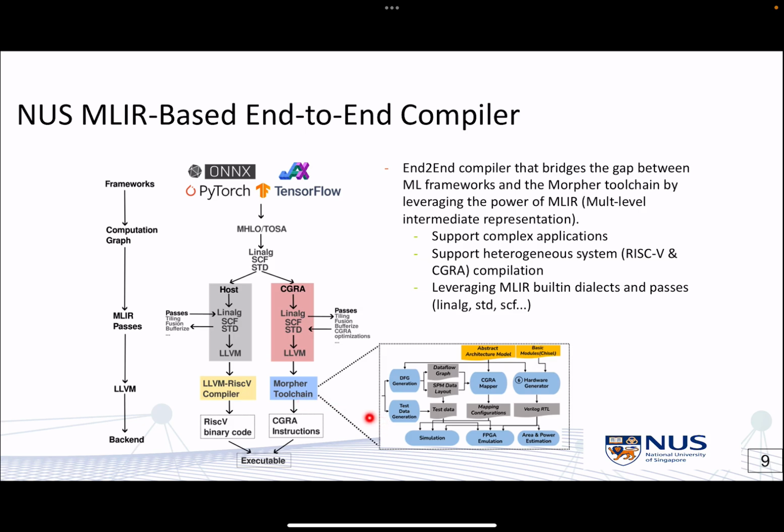This toolchain is not just limited to PACE CGRA, but it can be used as an architecture exploration tool, because we provide an architecture abstraction model or architecture abstraction language, which can be used by any developer. I will go into more details in the next slide.